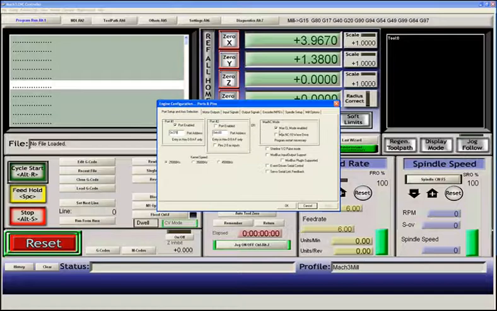The next thing that we can see on that screen is that the Max CL mode is enabled. These modes under Max NC are only for a particular type of machine, and they change the output characteristics of Mach 3. Instead of step and direction, for example, Max CL mode is a quadrature output. It puts out an A and a B signal, much like an encoder does, and this causes the motor on a Max CL to move.